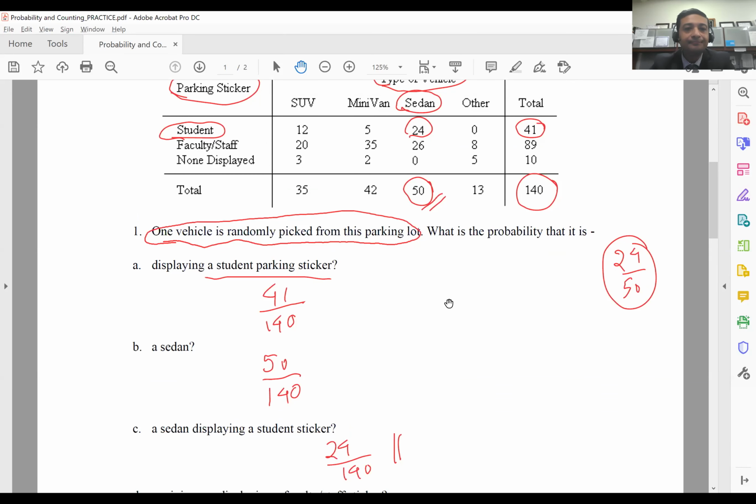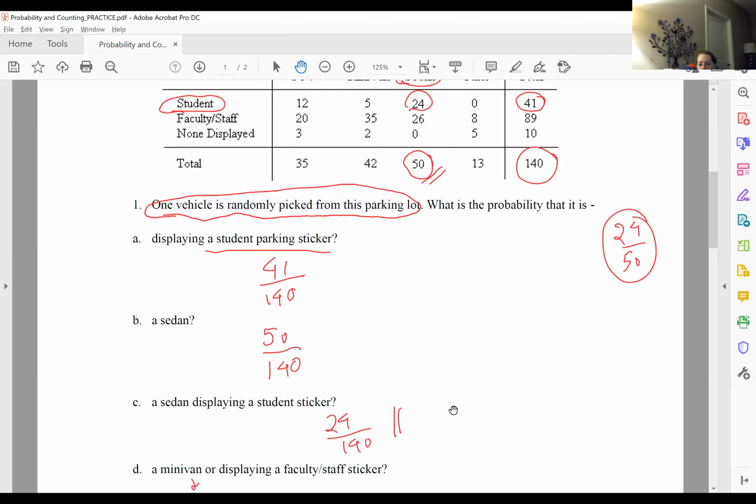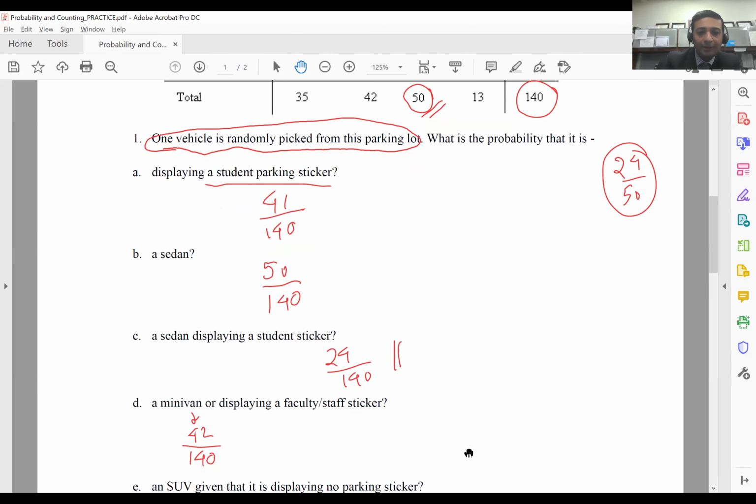Somebody else? What's the probability of randomly picking a car with a faculty staff sticker? 89 out of 140. Thanks, Lauren. 89 out of 140.